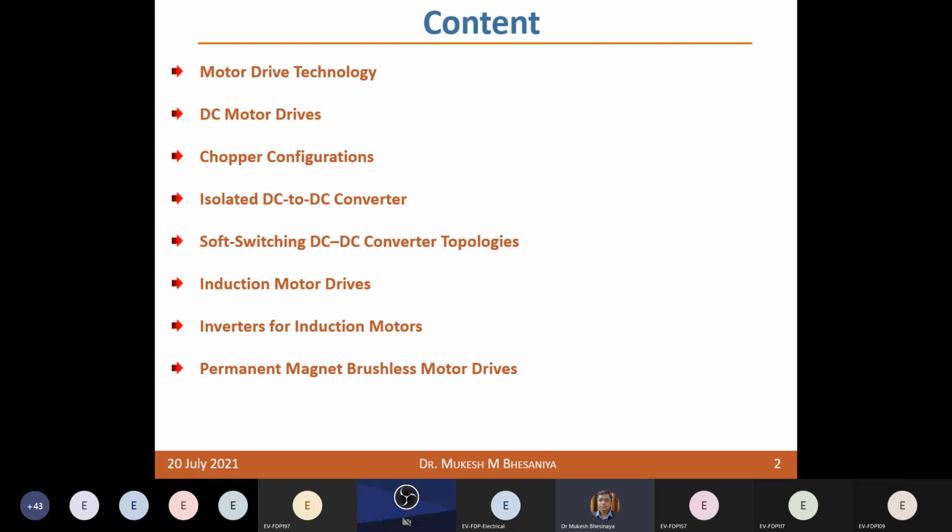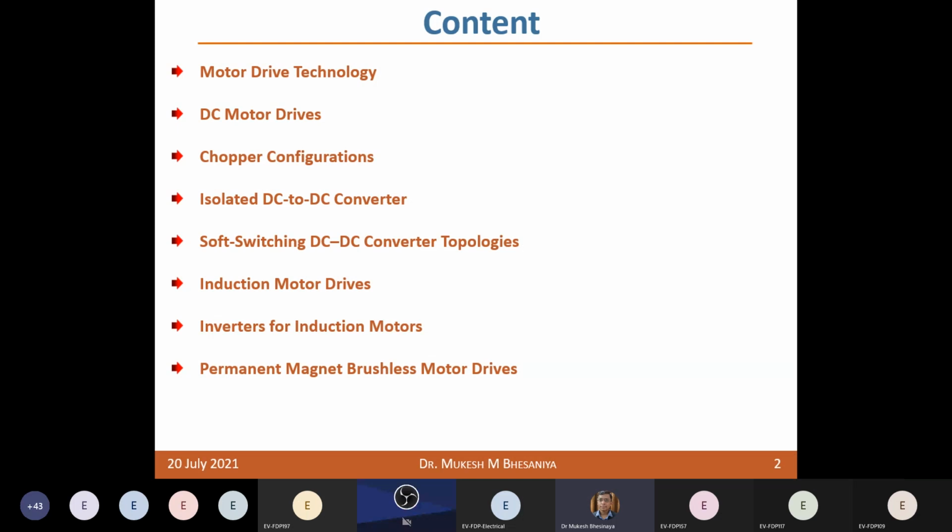Another topic related to DC-DC converters is soft switching. In literature, you will find the soft switching concept used for DC-DC converters to improve their reliability and efficiency.